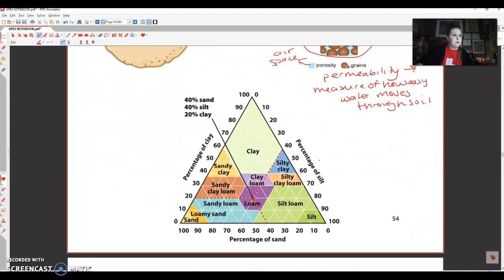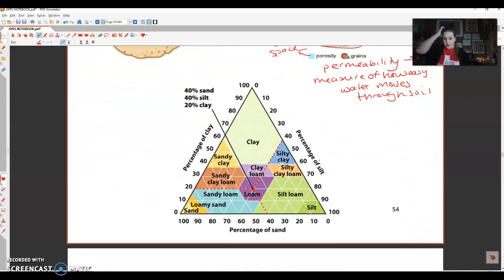Okay? All right. Now, this is what we call a soil triangle. So, what farmers do if they are moving into a new location, they need to be able to identify what specifically the soil is made of and what the type of soil is, because they need a specific type of soil in order to grow plants.